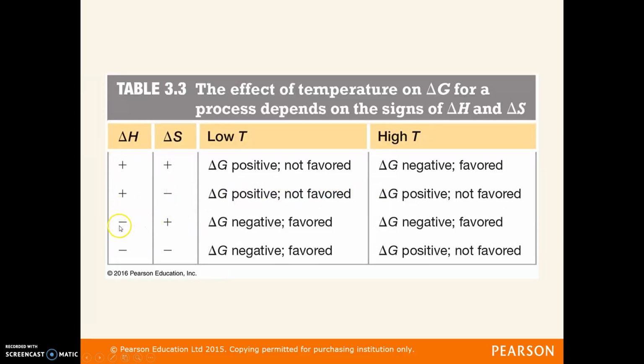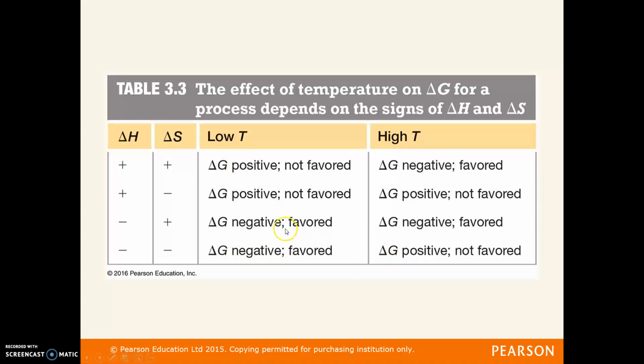Conversely, if we have a loss in enthalpy and a gain in entropy, it doesn't matter what the temperature is, it's favored regardless. And again, if we were down here and have a loss in enthalpy, but also a loss in entropy, this is going to have a strong temperature-affected scenario.